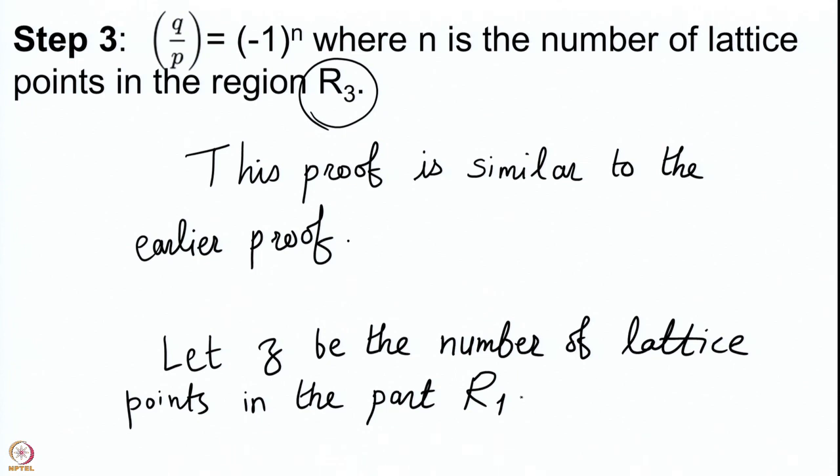And we have seen that R1 and R4 have the same number of lattice points. So, z is also the number of lattice points in the part R4. Okay. Now, with all this we can prove the final part of the quadratic reciprocity law as follows.